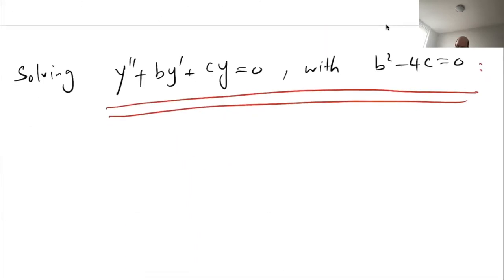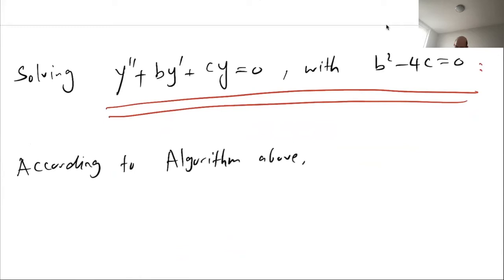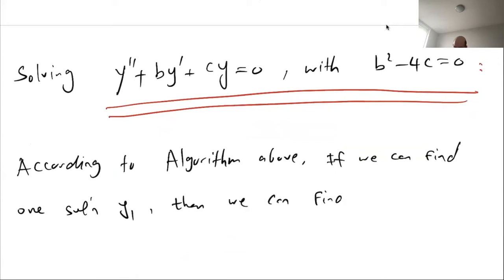So according to the algorithm above, if we can find one solution y1, then we can find v that gives us y2 equals y1 times v.